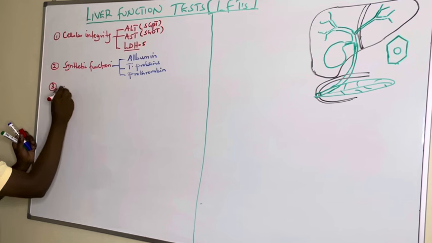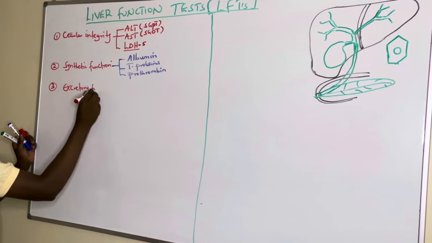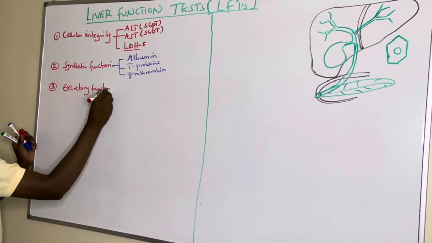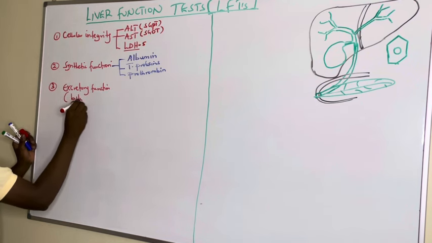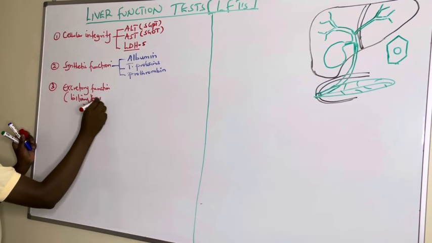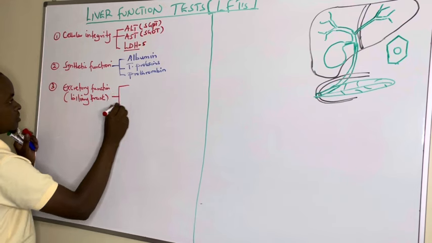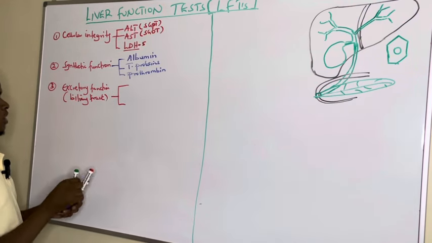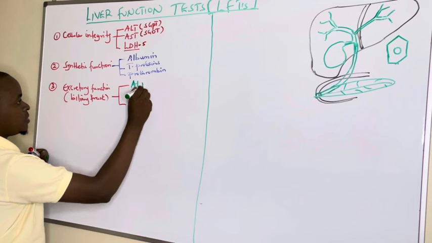Then lastly, the last category is the excretory function. These ones detect the excretory function, whereby they are looking at the integrity of the biliary system. They are looking at the biliary tract. And these ones include enzymes like ALP, alkaline phosphatase.